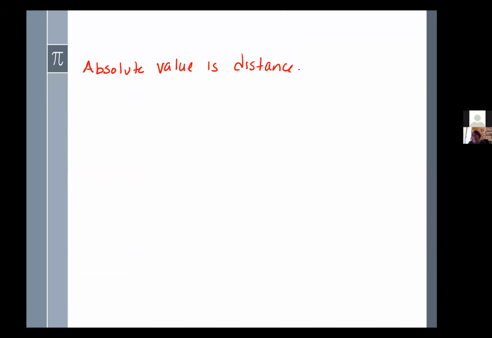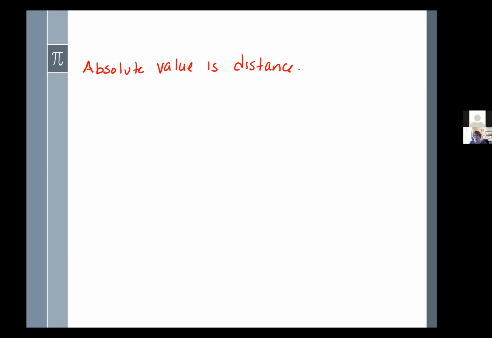Okay, an absolute value is distance. And when we talk about distance, distance must be positive. If I tell you to walk a mile, the distance you walk is a positive mile. You walk a mile. Even if you walk backwards, you're still walking the distance of a mile.